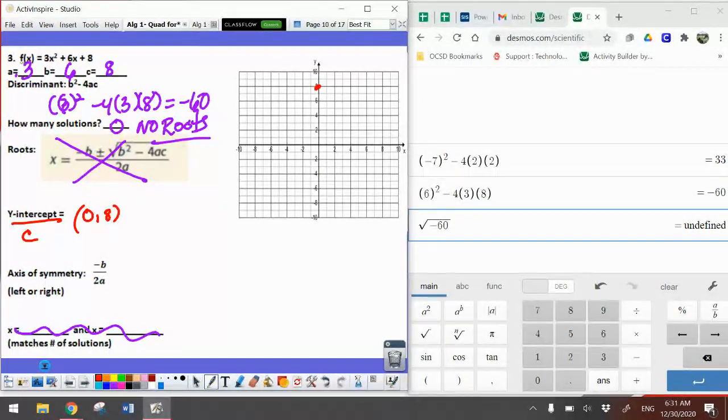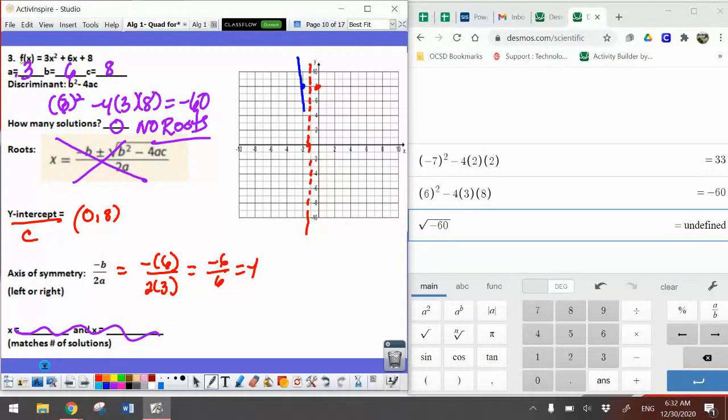Okay, and then the middle line is -b over 2a. So -6 over 2 times 3 is going to give me -6 over 6, which is -1. So that tells me that the middle of my parabola is right there. So I can technically, from that point, I know since there's symmetry, if there's a point on this side, there's a point on that side.